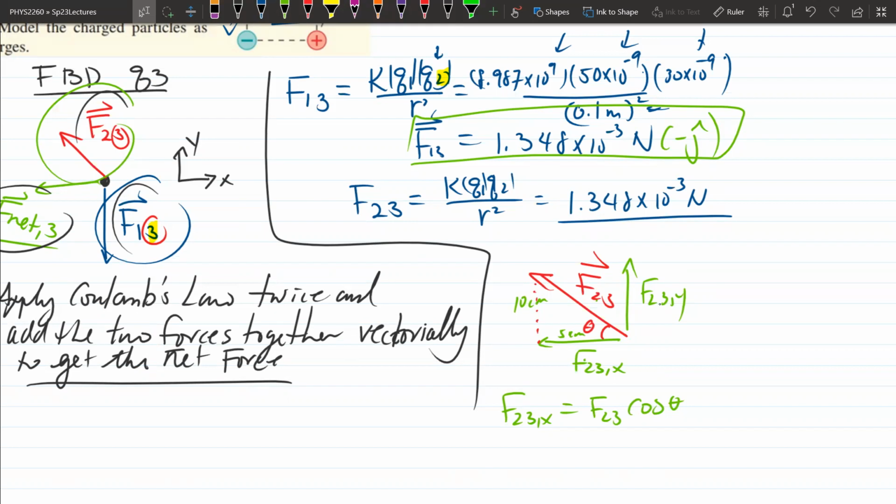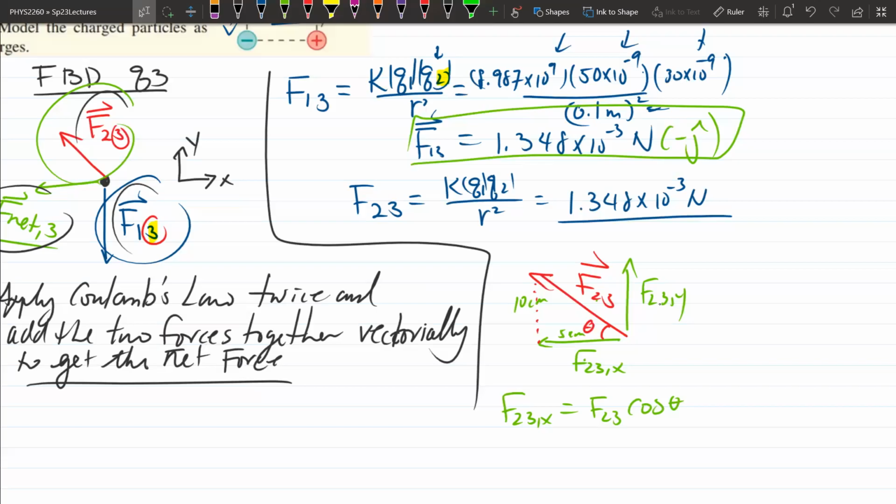Anyone? Yeah. Inverse tangent of what? I'm sorry? 10 over 5. Why 10 over 5? Because you have this right triangle here. The tangent function tells you the ratio of the opposite over the adjacent.